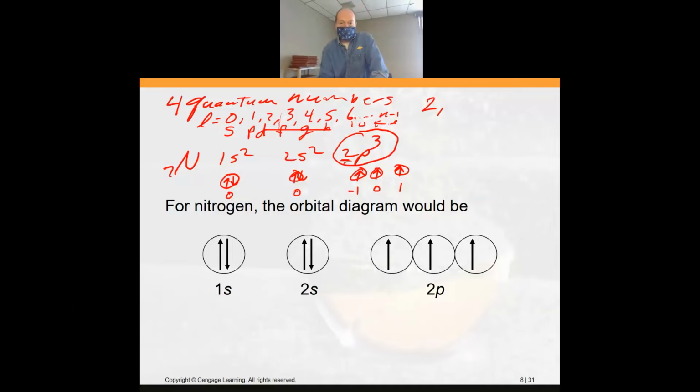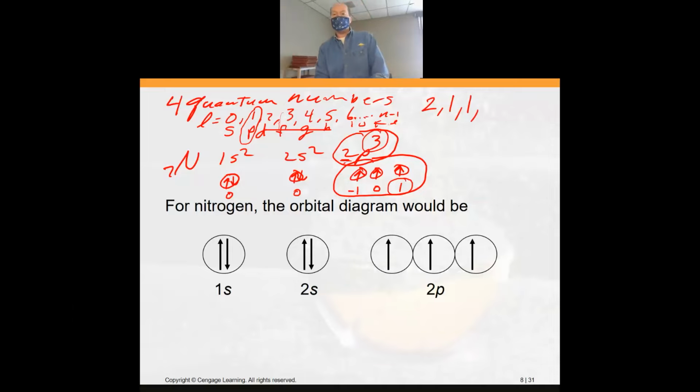So we have 2, and then we see p. P's number is a 1, and so that is a 1, the second quantum number. The third quantum number is the number of the orbital that electron is in. We put in 3 electrons, so we want to know where that third electron went. Well, the third electron went in orbital number 1. And then you either give a plus or a minus 1/2.